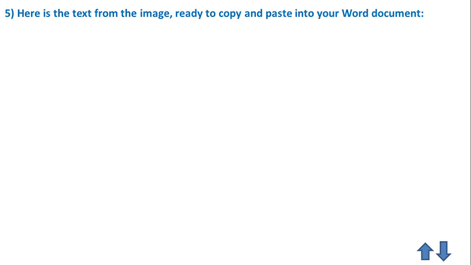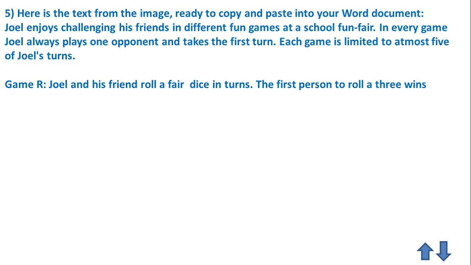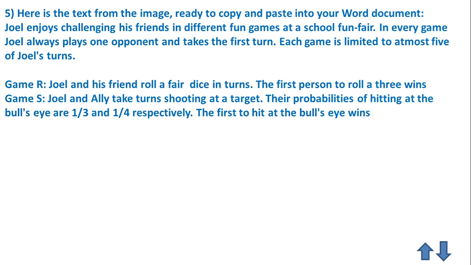We have another one. This case here is a text from a past paper. Joel enjoys challenging his friends in different games at school. Always Joel plays one opponent and takes the first turn.